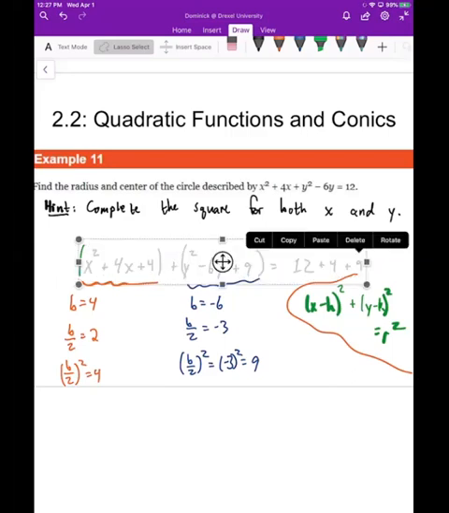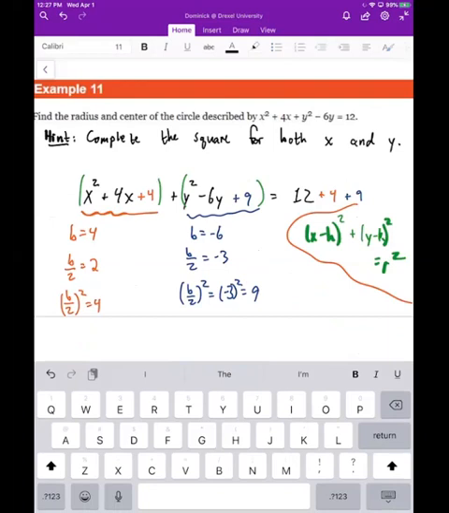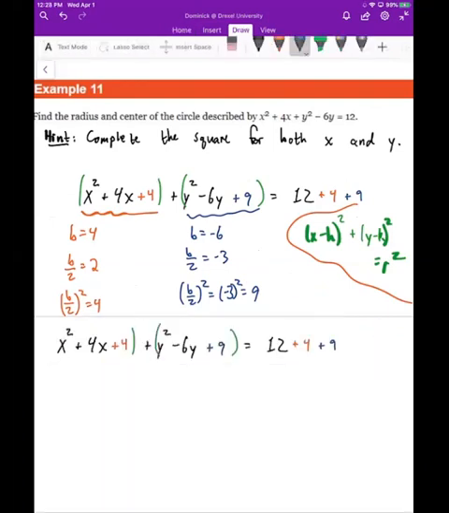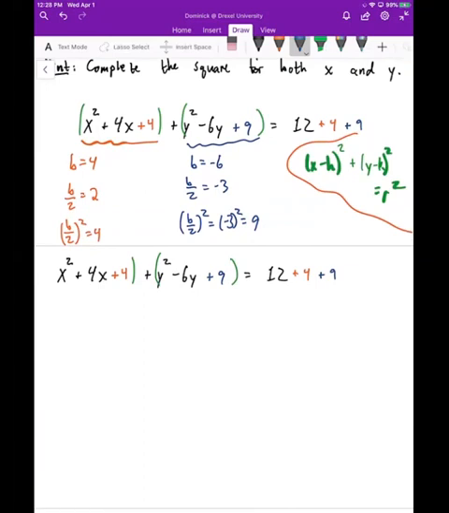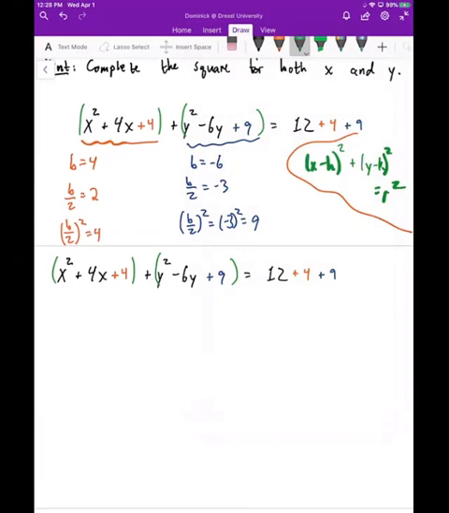All right, so if we copy and paste this, we want to now factor each of these, and we'll have something squared. So this again factors into x plus b over 2 squared.